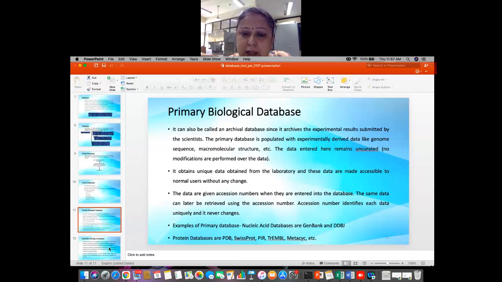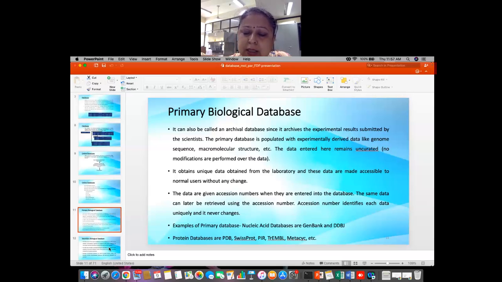The same data can later be retrieved using the accession number, and this accession number identifies each data uniquely and it never changes. So if you have to search again and again, you can use the same accession number.